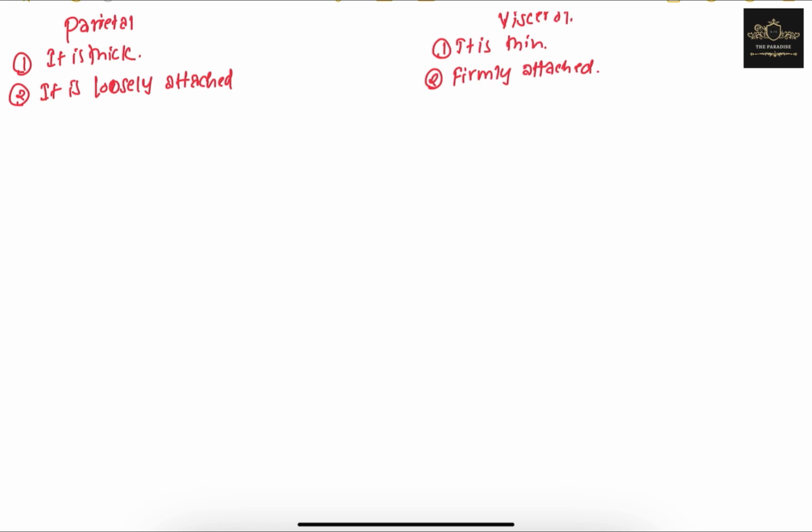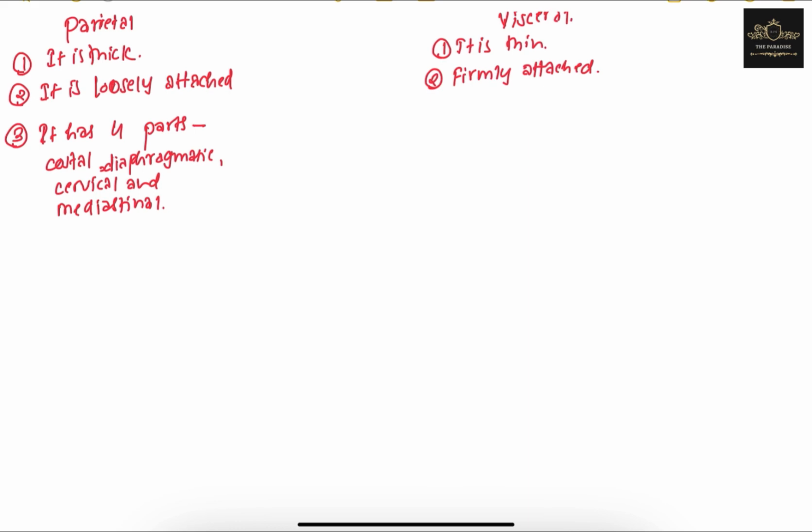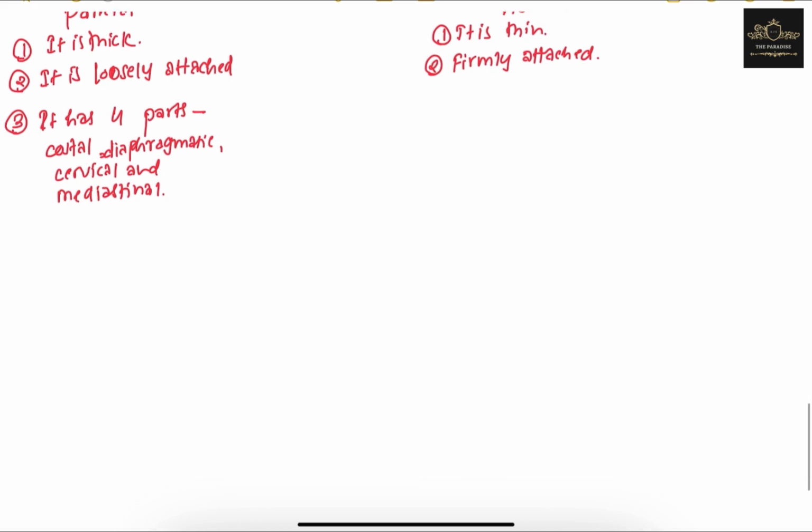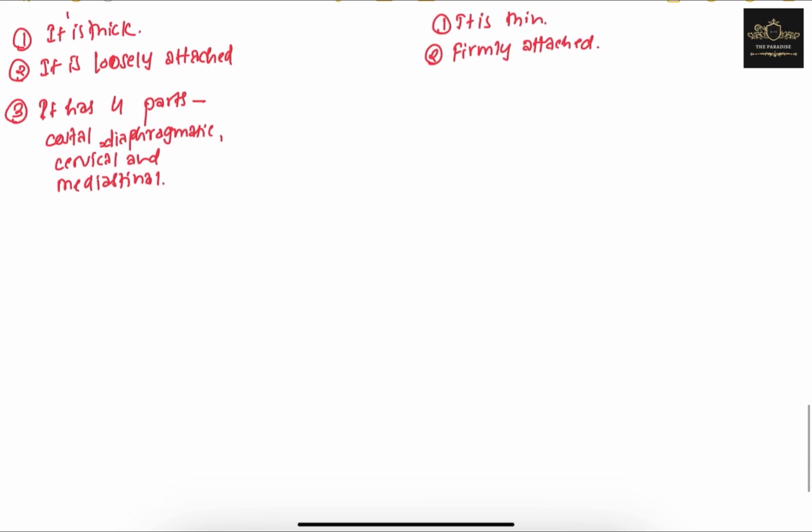Parietal pleura has four parts: costal, diaphragmatic, cervical, and lastly mediastinal. The visceral pleura doesn't have any parts.